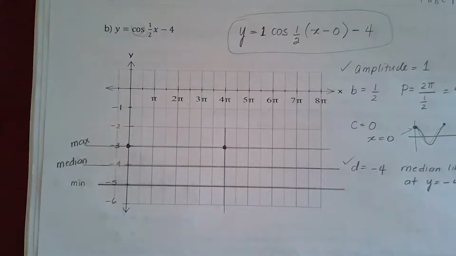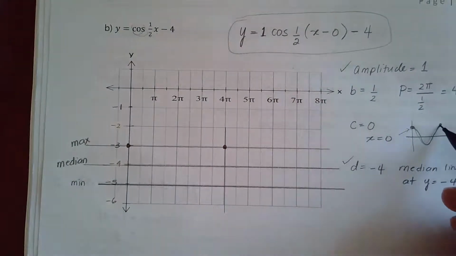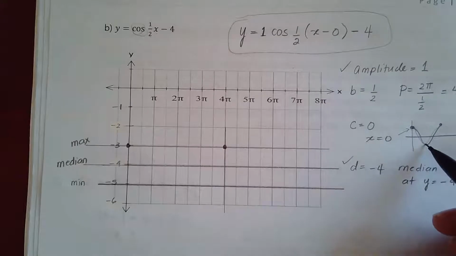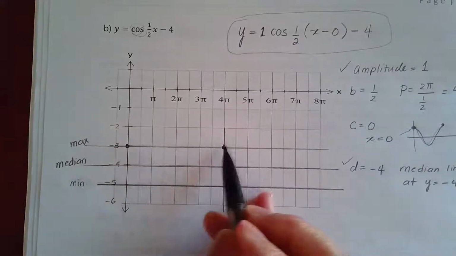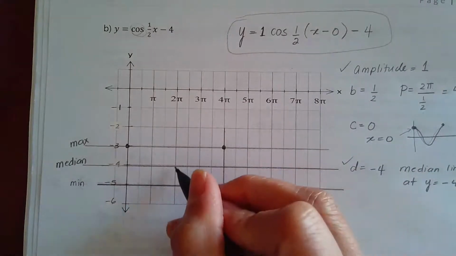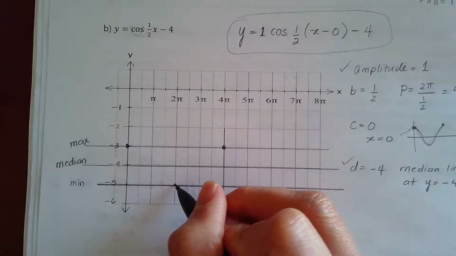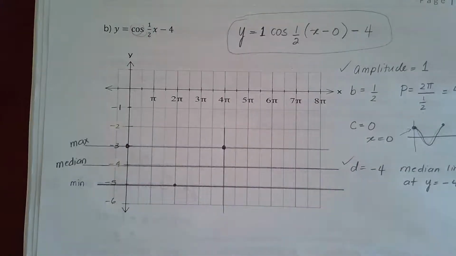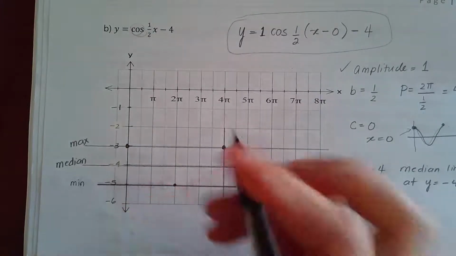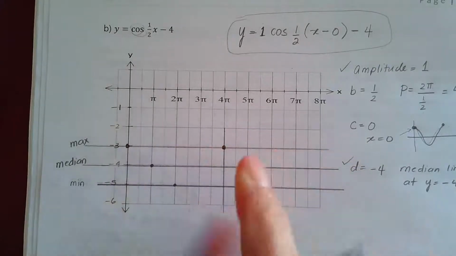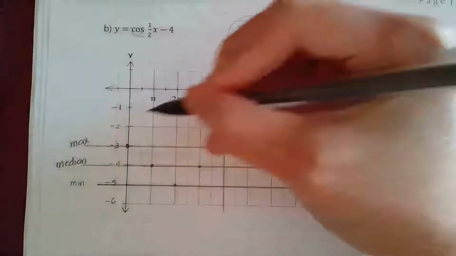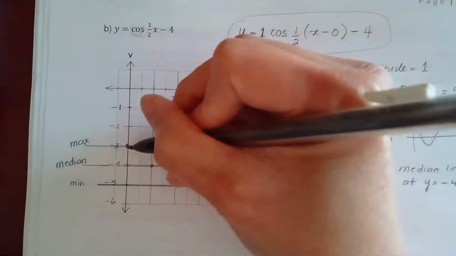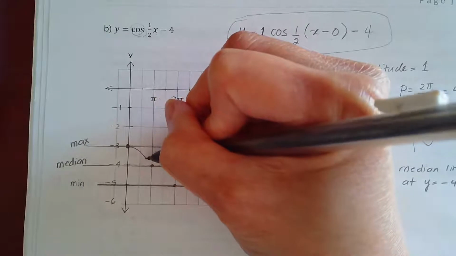Between the maximum and the next maximum is our minimum. So halfway there, it's going to be at the minimum. And then half of that is going to be in the middle. Half of these two is going to be the middle. So our graph will go like this.